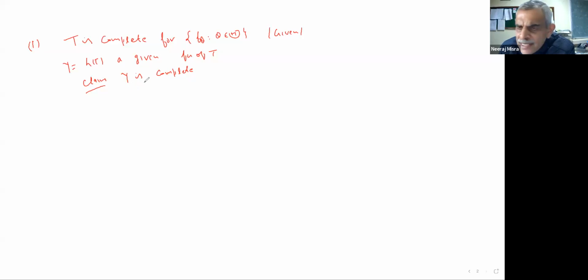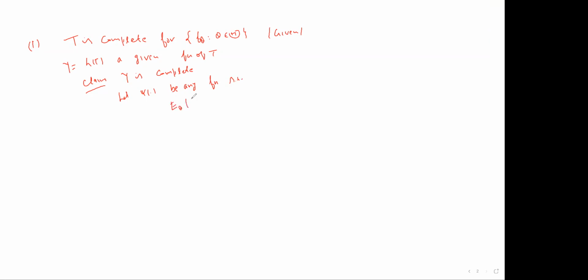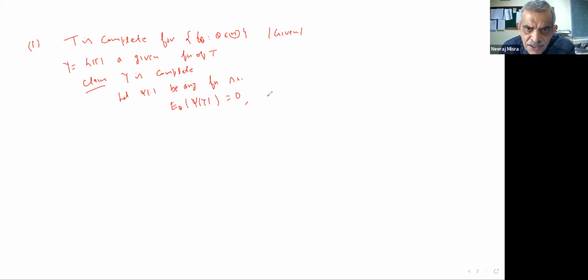So to prove that Y is complete, what do you have to prove? I have to look at any function psi, and if expected value of psi Y is 0, I have to show that probability that psi Y is equal to 0 is 1, right? So let psi be any function such that expected value of psi of Y is 0 for every theta belonging to theta.